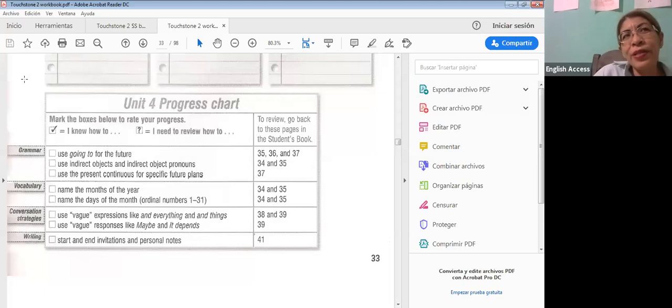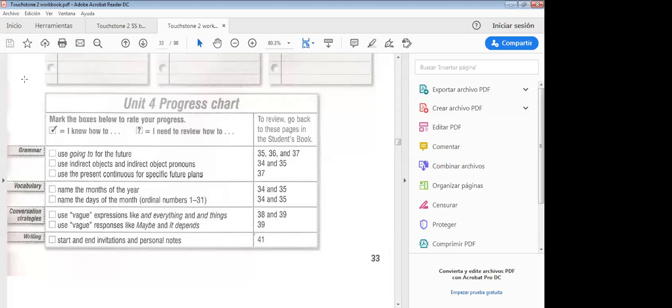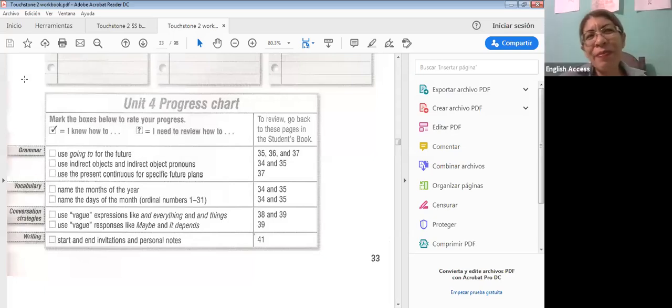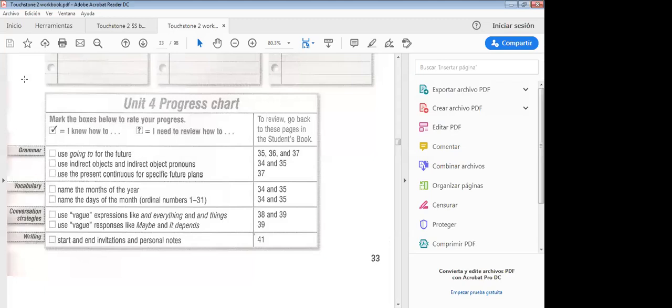Remember, when you are using present continuous to talk about the future, you need to mention a date. I'm taking an English class from Monday to Thursday. If you're saying Monday through Thursday, you're talking about a routine. Okay, only one day, on Monday.